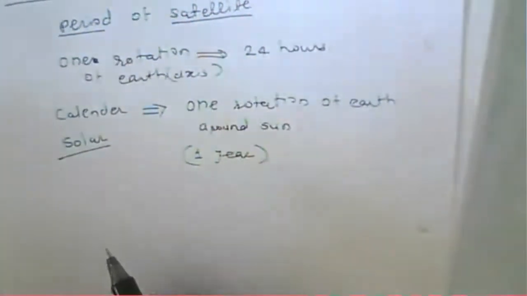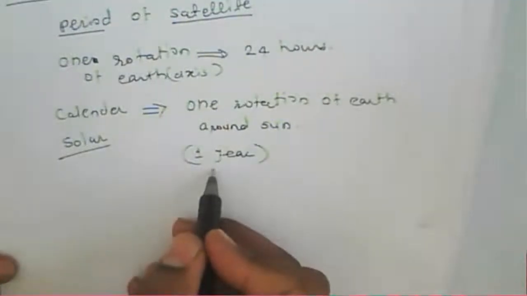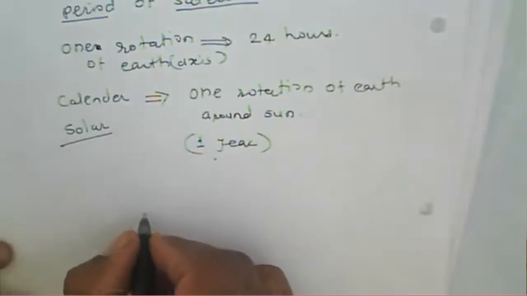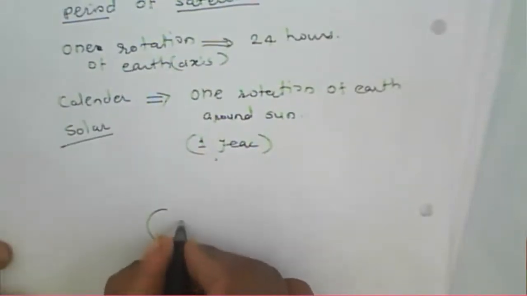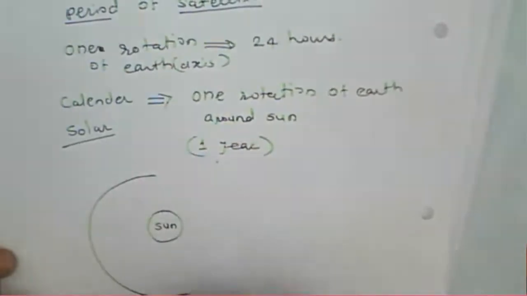So one solar year, or 1 year, is nothing but the time taken by the Earth.